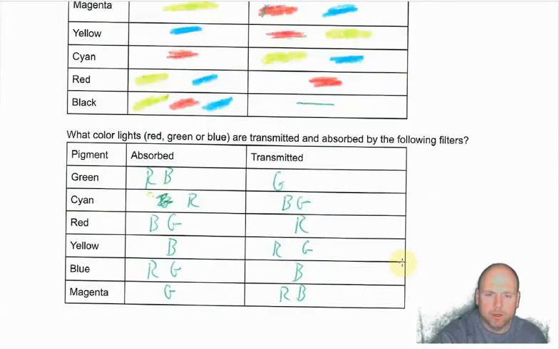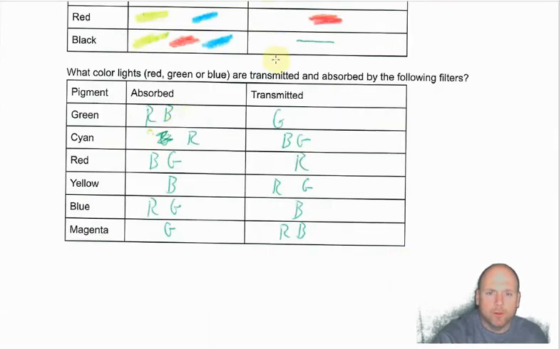All right, shift over to filters. If you have a filter, it's the exact same thing as reflected, except we call it transmitted when it's a filter. So a green filter absorbs red and blue, transmits green. A cyan filter is going to absorb red, transmit blue and green. A red filter is going to absorb blue and green light and let through red.